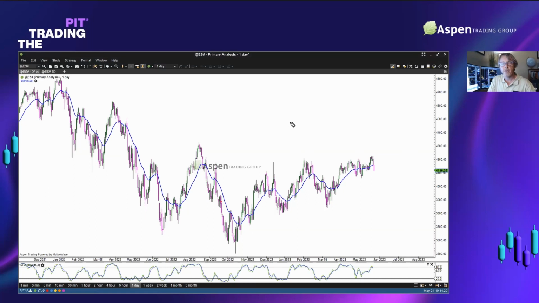Doesn't matter what the instrument is. This happens to be the S&P 500 futures on a daily chart. And that's not really what I want to focus on right now anyways. What I want to focus on is some core principles.